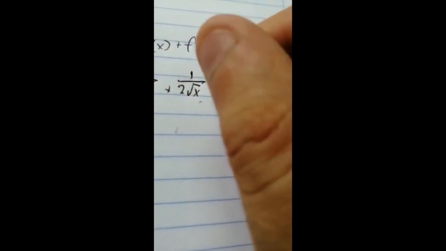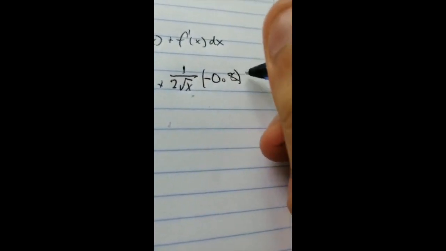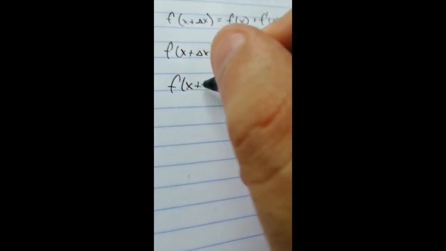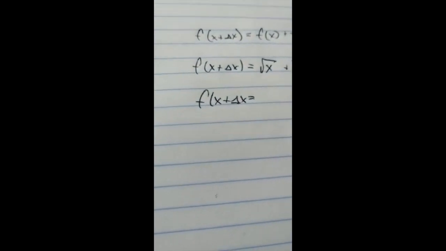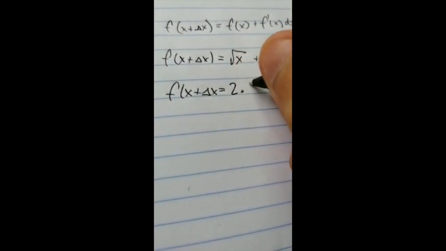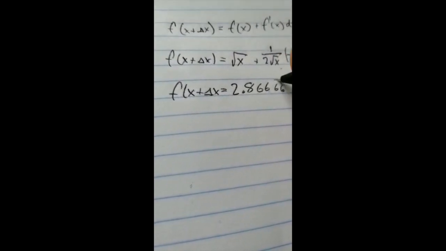So we just multiply this by negative 0.8, which in turn will give us that f of x plus delta x is equal to 2.86666 and so on.